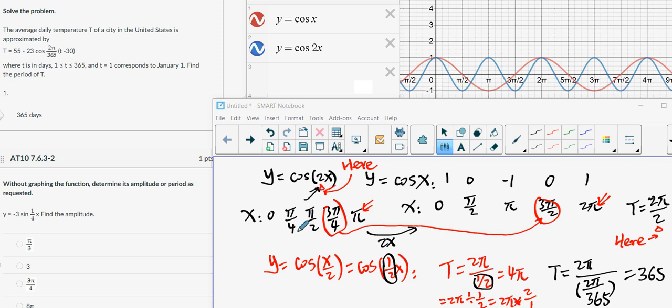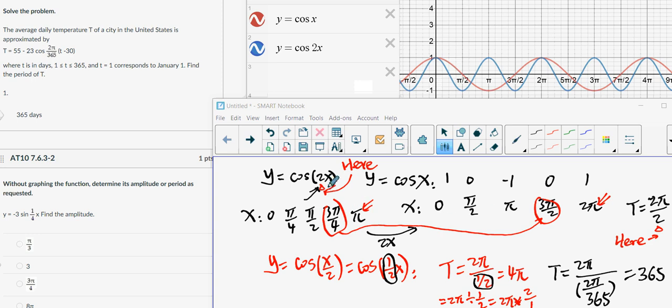For example, when x is pi over 2, multiplying by 2 goes to pi. When x is 3 pi over 4, multiplying by 2 goes to 3 pi over 2, and cosine of 3 pi over 2 is 0.